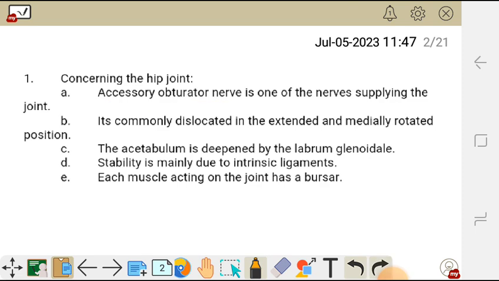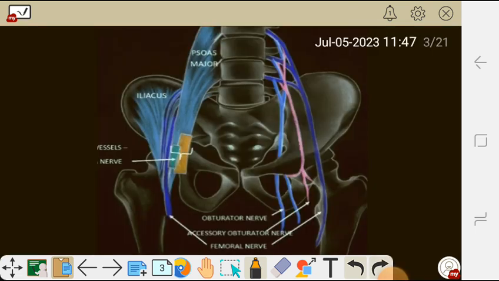Accessory obturator nerve is one of the nerves supplying the joint. So this here in this diagram is the hip joint, and these are the nerves originating from the sacral and lumbar plexus. So this here is the femoral nerve.